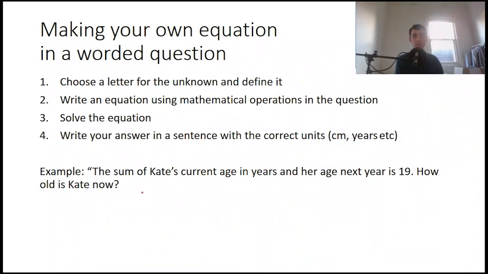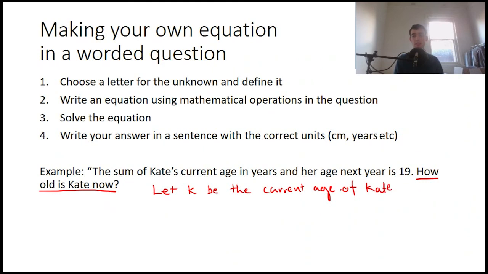So choose a letter for the unknown. Let's say we have to find out how old Kate is. So let's say we'll define it. We'll say let K be the current age of Kate.